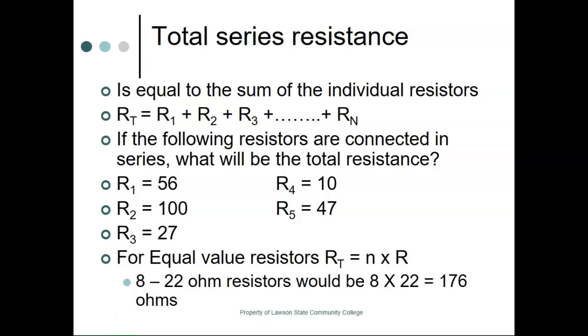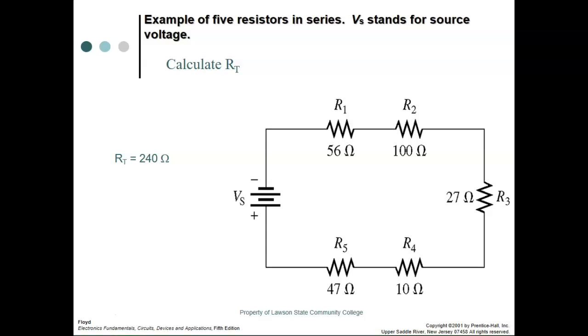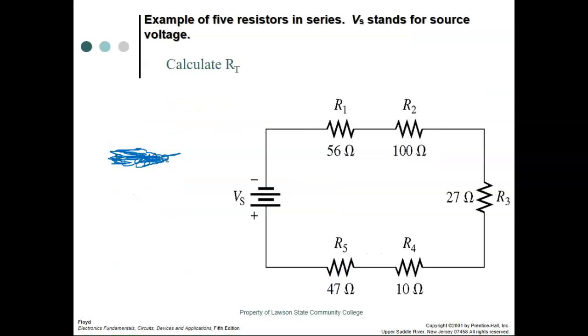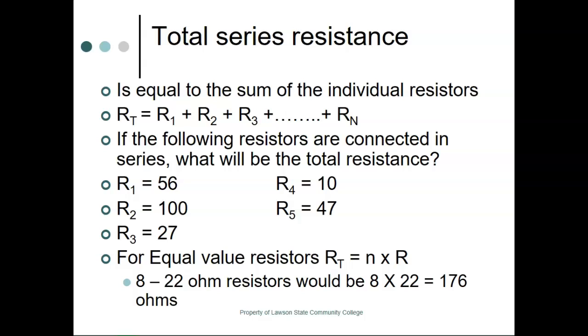Well, I mean that resistors add on to each other. So the total resistance is completely and utterly contingent upon the resistance in the circuit. Okay.